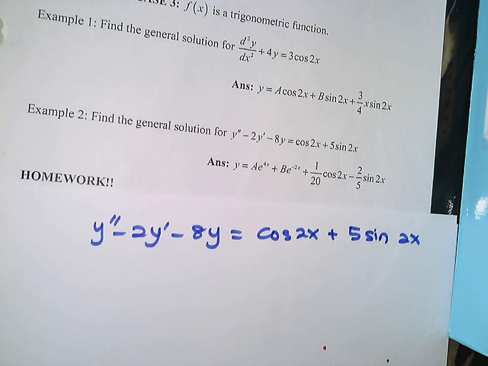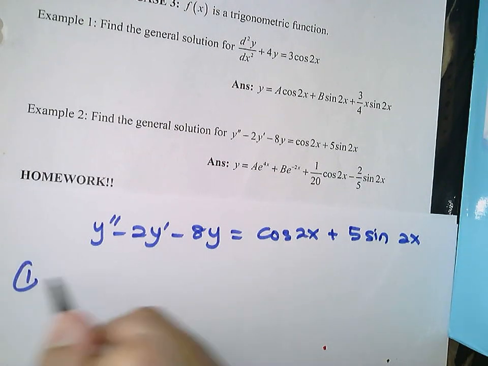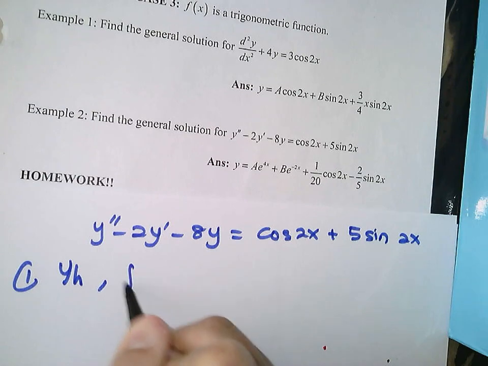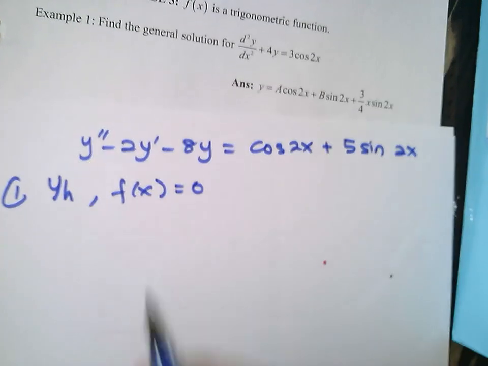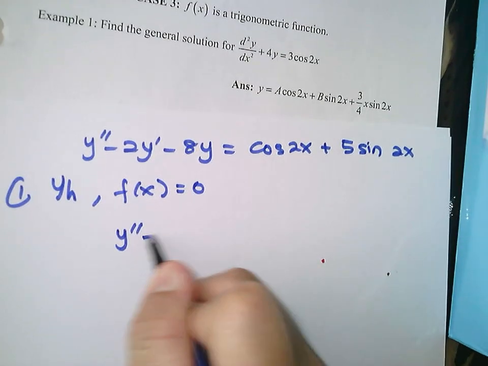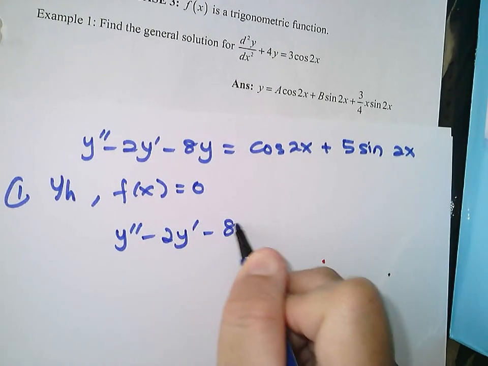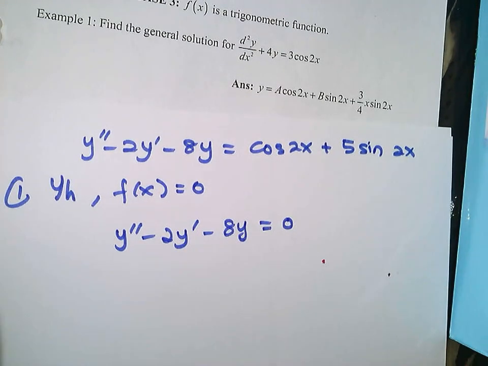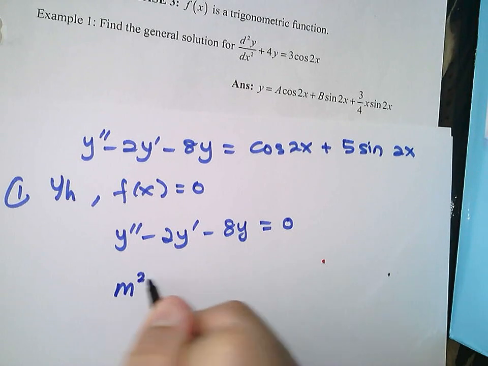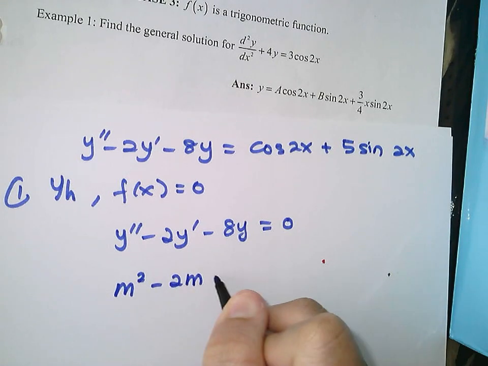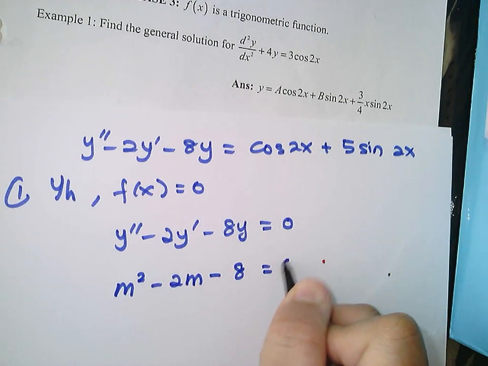Okay. So the first step is get your YH again by assuming fx is equals to 0. So you will have y double prime minus 2y prime minus 8y is equals to 0. So change this one into characteristic equation will give you m squared minus 2m minus 8 is equals to 0.